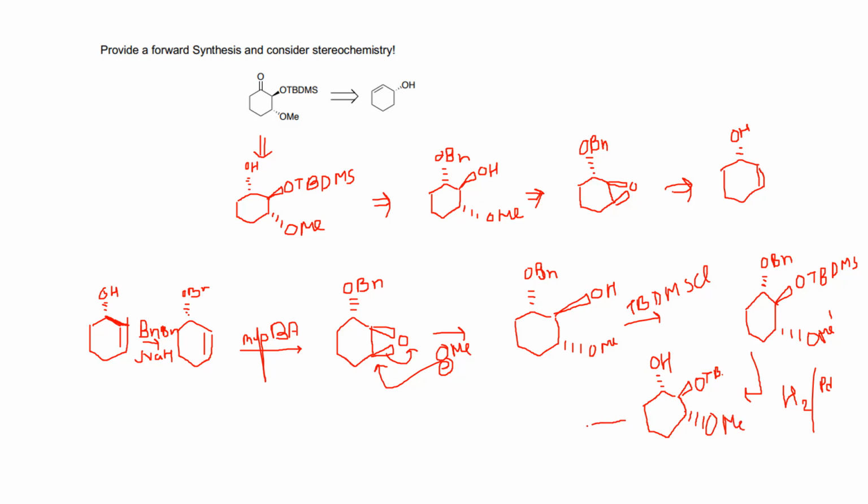Now if you just perform oxidation by simple PCC, then only the alcohol will be oxidized, forming our desired compound. So here you can see, by using the concept of protection, deprotection, how we can plan the retrosynthesis of a compound.